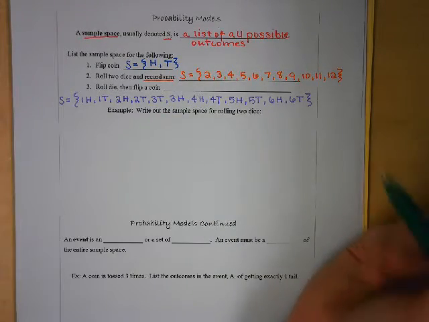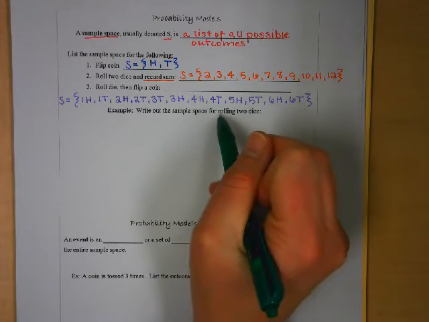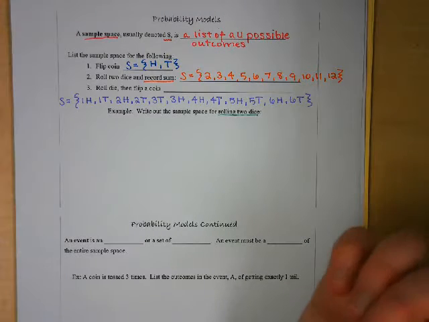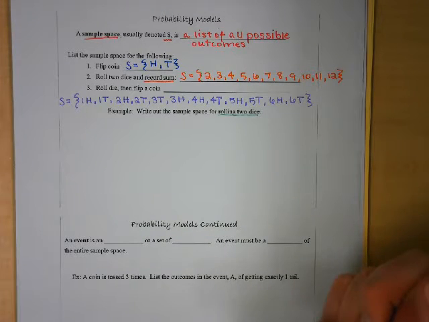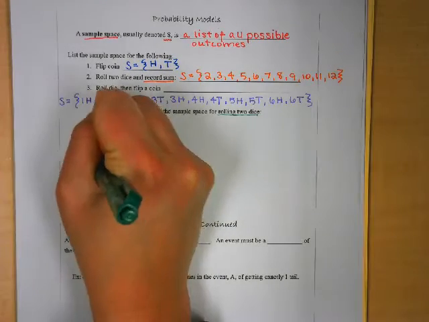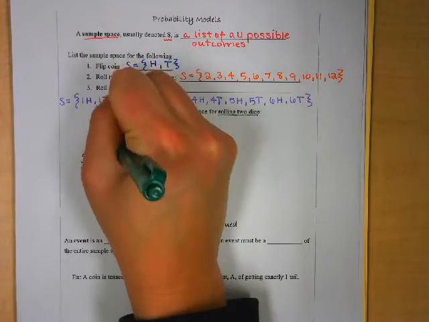So we're going to write out the sample space for rolling 2 dice. So the number I get on the first dice and the number I get on the second dice. It's a bigger list, so I'm going to just put S over to the side and then make a big bracket.